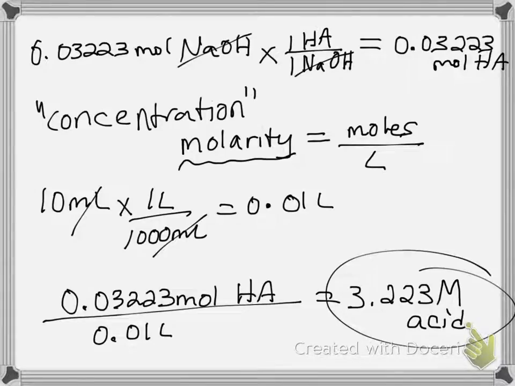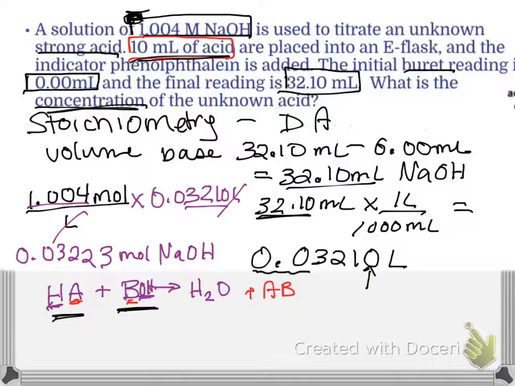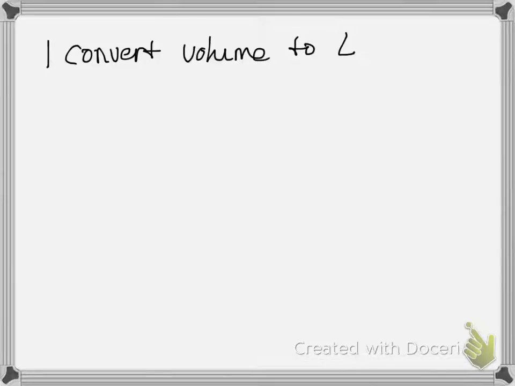All right, so let's take a look at what we did. The first thing we did was convert the volumes. So step 1, convert volume to liters. Then in step 2, I used the volume of, in this case we know the NaOH, but it could be flip-flopped, where we don't know the base, but we know the acid.